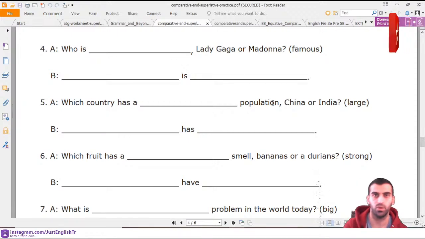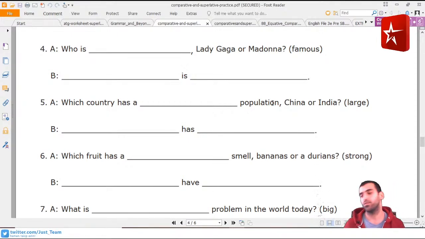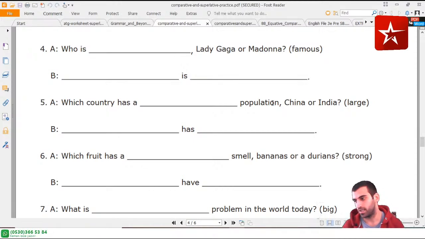Münevver Kavak, more famous. Who is more famous, Lady Gaga or Madonna? Can you let me know? Yes, Oğuzhan Kunduz, your answer is correct. More famous is a correct answer. Who is more famous, Lady Gaga or Madonna?